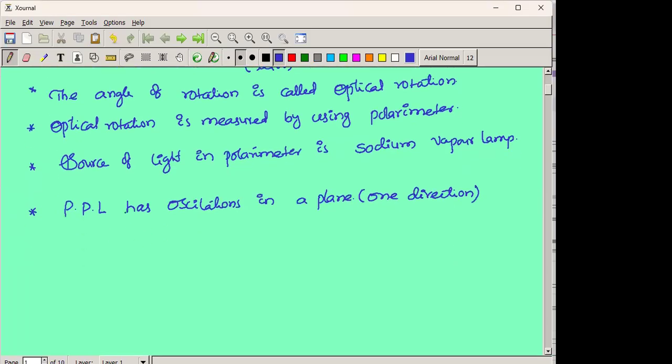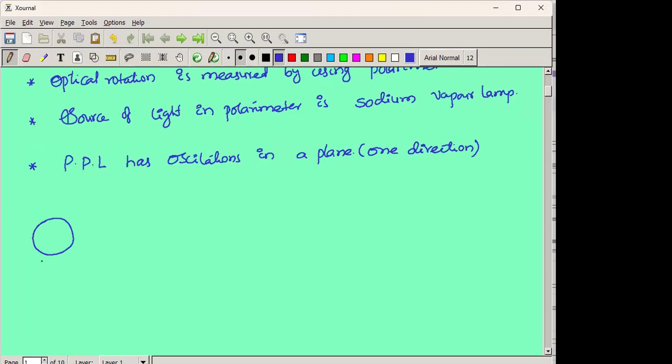So here from the polarimeter, I am going to take one light radiation, that is ordinary light. This is a source, and from the source we get ordinary light. What is the difference between ordinary light and plane polarized light?